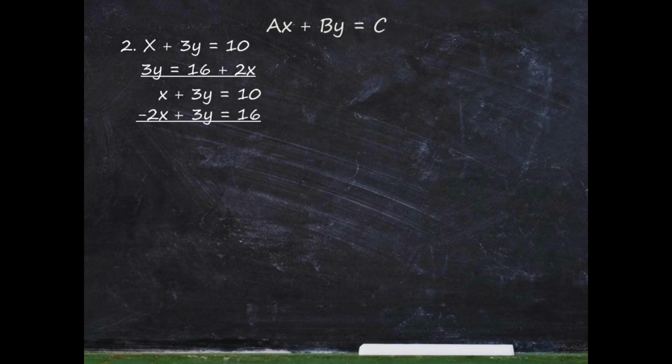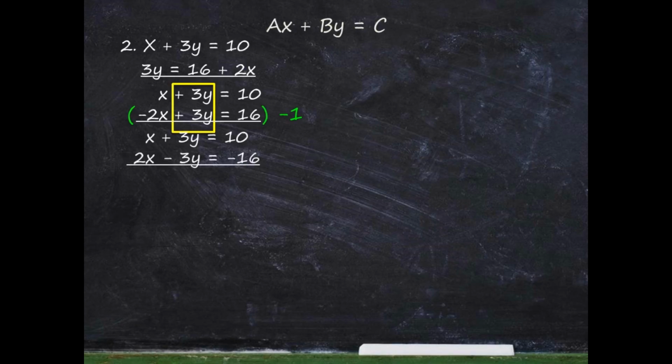Since the y variable has the same coefficient, we will eliminate y. But if we simply add the equations, we cannot eliminate y since they have the same signs. So first, we will multiply the second equation by negative 1. So we will have x plus 3y equals 10 and 2x minus 3y equals negative 16.